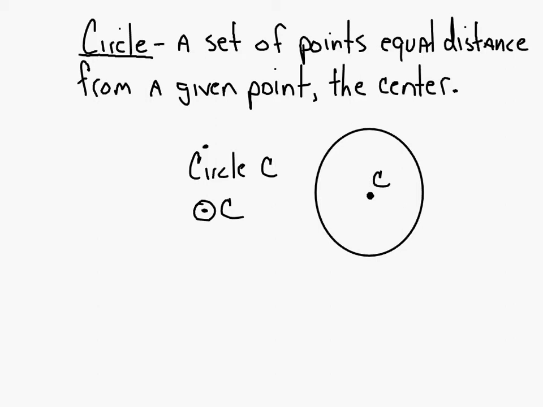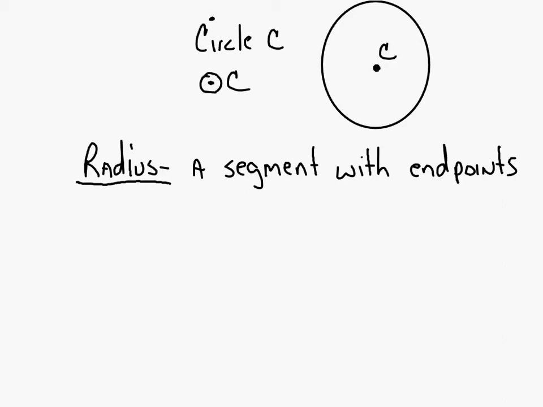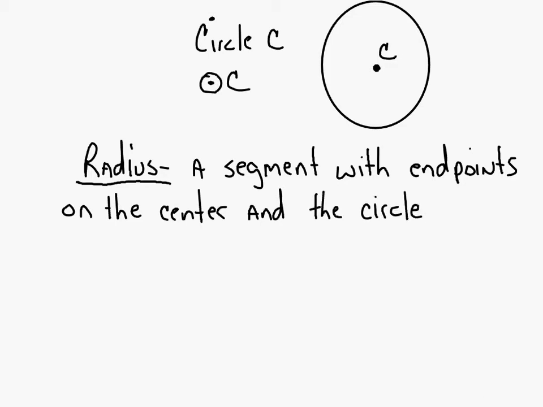All right, the first segment that intersects a circle is called a radius. That's a segment with endpoints on the center and the circle.